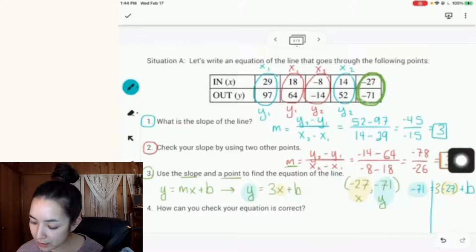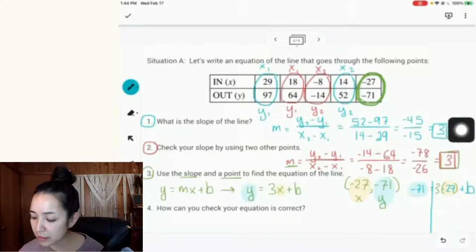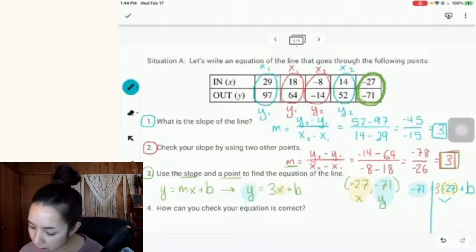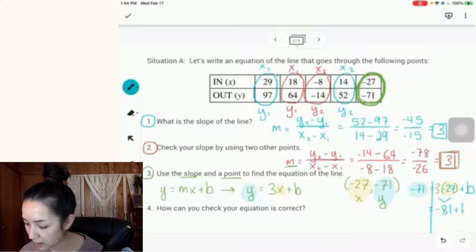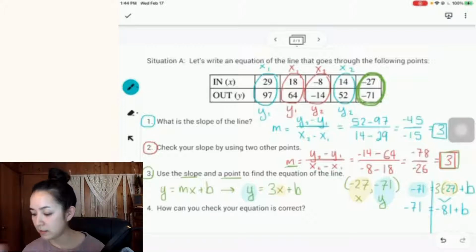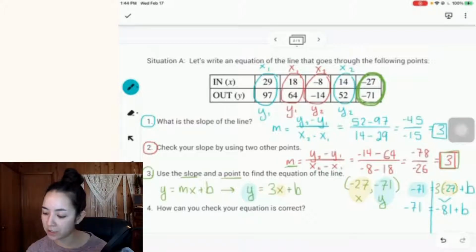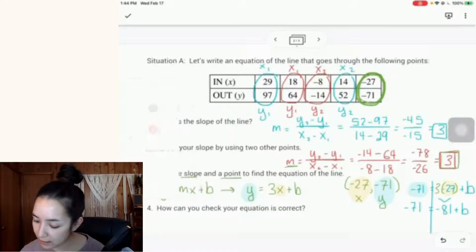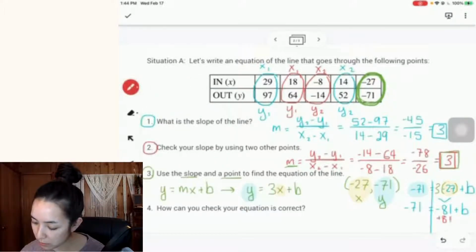So next we're going to solve this. 3 times negative 27 is negative 81, plus b. Negative 71 is still left on the other side. To get b by itself, we can add 81 to both sides so that that will cancel.